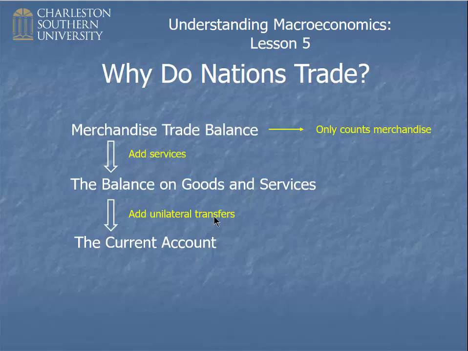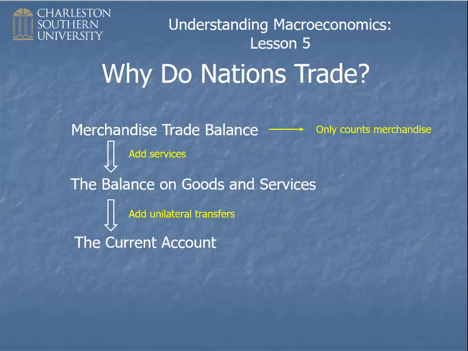A unilateral transfer is when somebody in the United States feels called to send money to somebody in a foreign country. Maybe it's your grandma that lives in the old country where life is hard, and so you work hard and you set aside a little bit of money, and every month you send grandma a little money. That would be a unilateral transfer. Or maybe on late night TV you hear a news story about a tsunami or a hurricane or something that happens in some faraway place, or hungry children, and you feel called to send money.